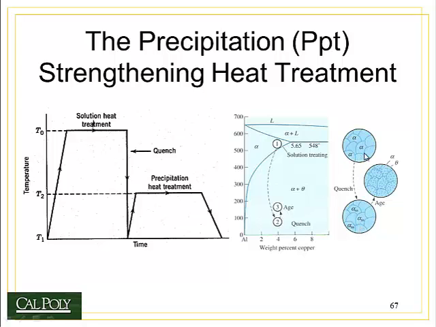Now imagine we quench that temperature rapidly down to room temperature. So that's the quenching step shown here between point 1 and point 2. From point 1 to point 2, the crystal structure goes from alpha to alpha. But the difference is that you have a supersaturated solution of alpha. Why do you have the supersaturated solution?